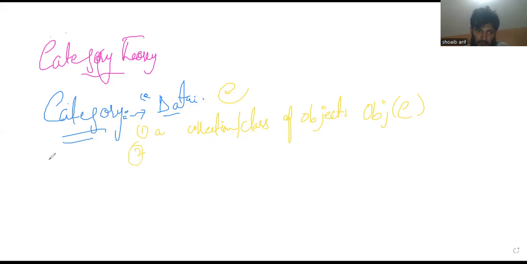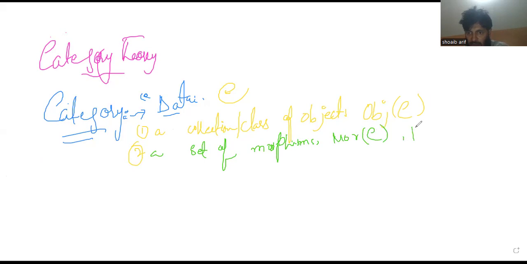Second thing is a set of morphisms. So what are morphisms? A set of morphisms denoted by mor of C or hom of C. So what is a morphism here?